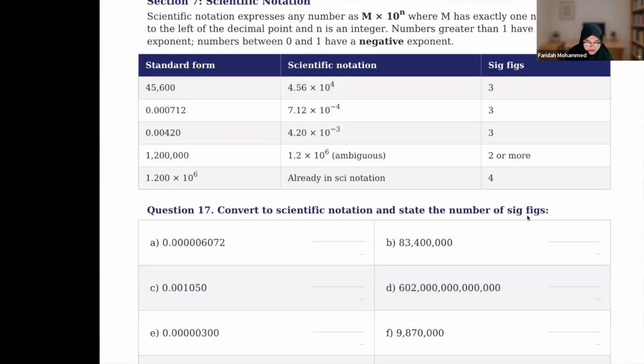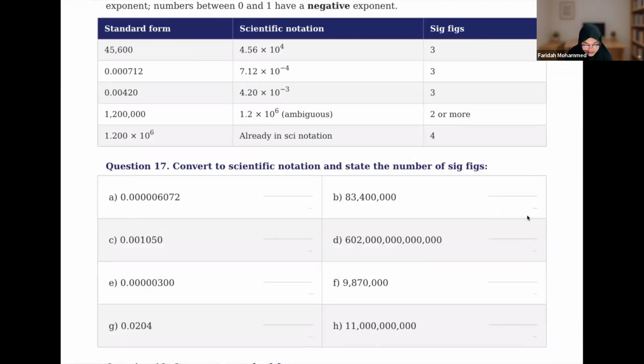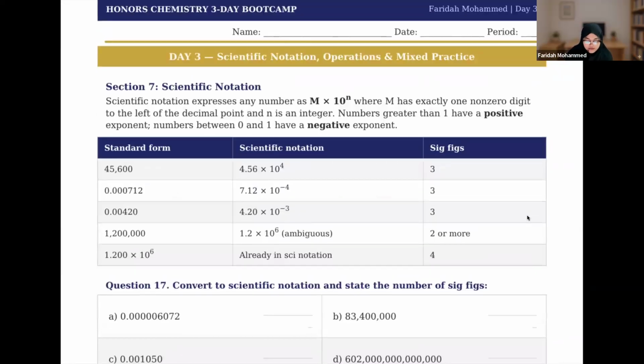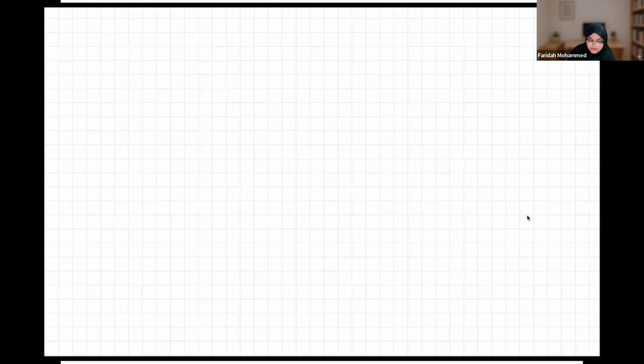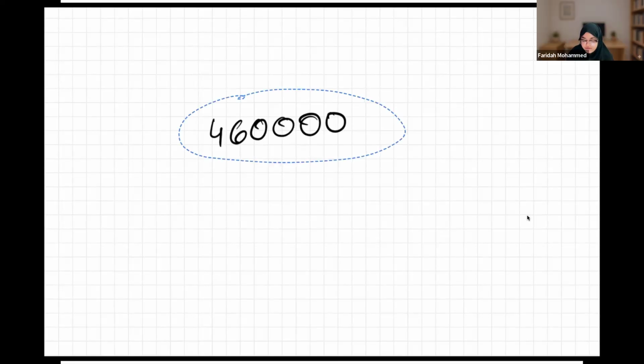Okay. So, now scientific notation. Scientific notation, right? You probably already learned this in your math class. Let's say you have this. How do you make it scientific notation?